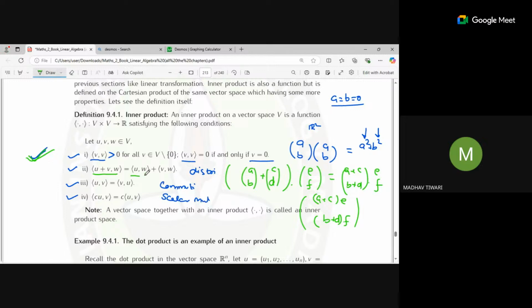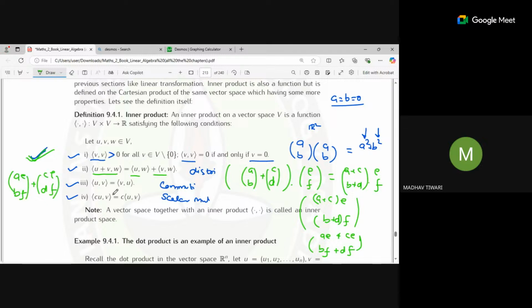So if you check this U dot V and V dot U, or you can do the multiplication here directly. So it will be AE plus CE, right? And BF plus DF. Okay, you can rewrite this part as (AE, BF) plus (CE, DF) as two separate vectors.